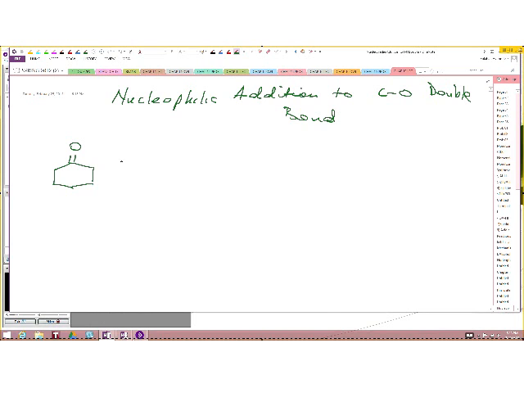And we told you that if we take an alcohol, in this case methanol, in the presence of some acid catalyst, say hydrogen chloride, we will get this.